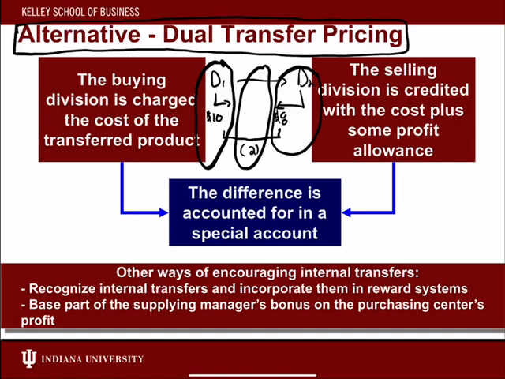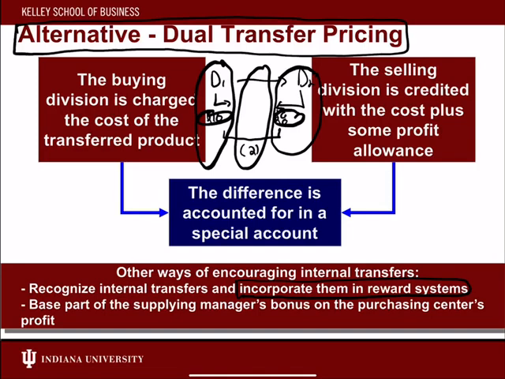And what this can do is you can really set up Division 1 to do what's good for them, assuming this $10 transfer price. Division 2, you're incentivizing them to do what's beneficial for Division 2, assuming this $8 transfer price. So it's a good way to incorporate these things into a reward system, right?